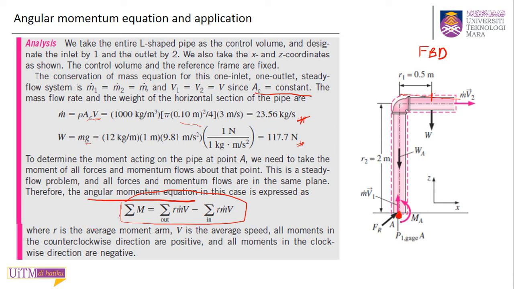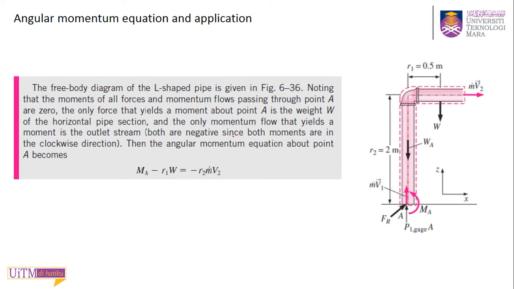R is the average moment arm, the distance at which the moment acts. Force times R gives the moment, so your R is your distance in meter. V is your average speed, which they give you in this question as 3, and m dot you found here. So you can find this summation of moment using this equation, and you have all the values. You can rearrange your equation to find that.